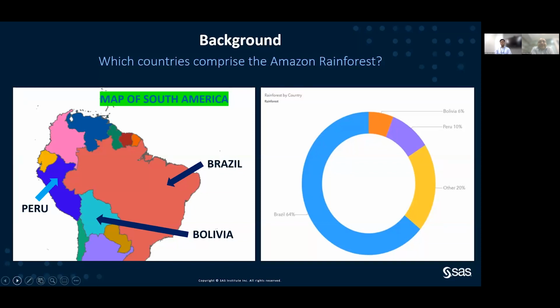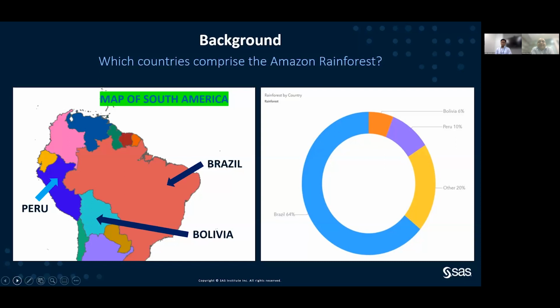Based on estimates, the current deforestation level of Amazon is at about 17%, and its tipping point is at about 20 to 25%. Now, if the tipping point is surpassed, the largest rainforest on Earth could become a grassland.